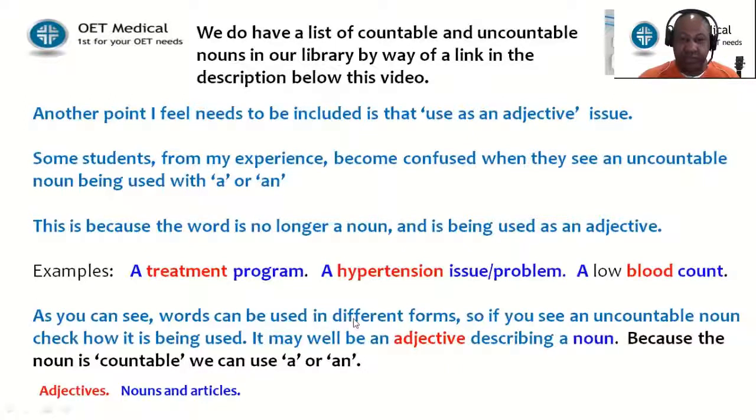So as you can see, the words are used in different forms. So if you see an uncountable noun, check how it's being used. It may well be used as an adjective describing a noun. Because the noun is countable, we can use a, or we can use an.